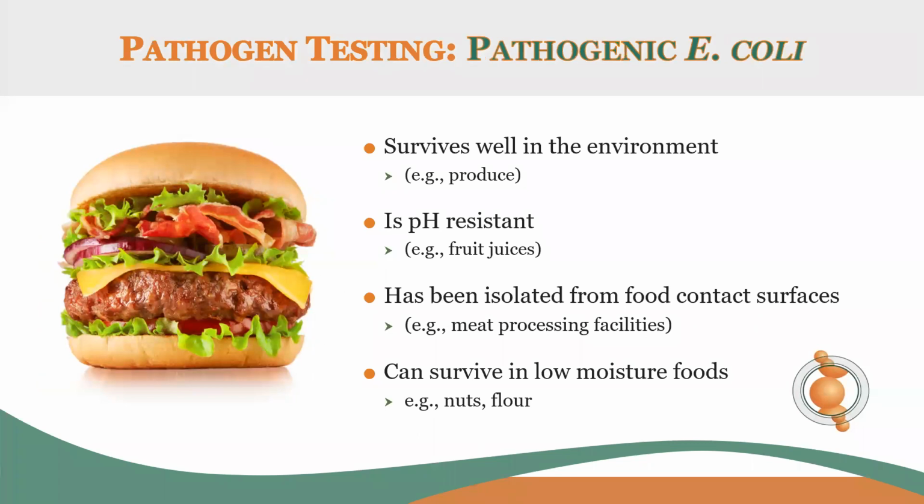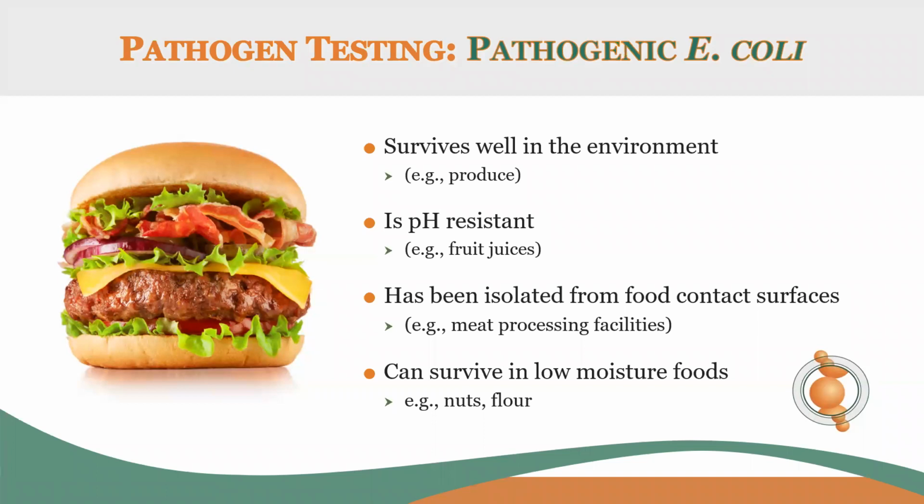So next we'll talk about E. coli. Of course, Listeria and Salmonella are the most common that you will test for in your facility. But like I mentioned before, we might want to test for E. coli if your process suggests that you need to do that. E. coli does survive well in the environment. Of course, we all know about the history with E. coli in produce.